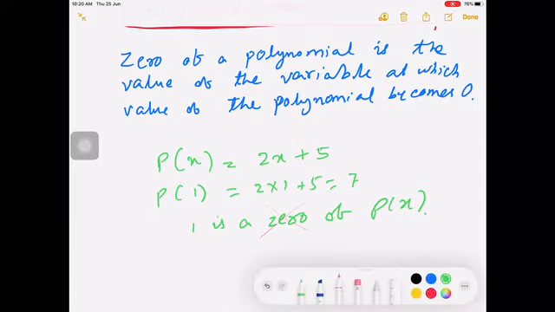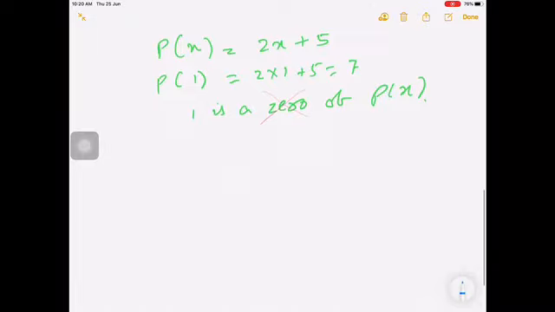Okay. Then what is the zero? How to find the zero? Let us take another example. In this example only, if we want to find the zero of this polynomial, how can we do it? Just equate the polynomial with 0. To find the zero of the polynomial, just equate the polynomial with 0.